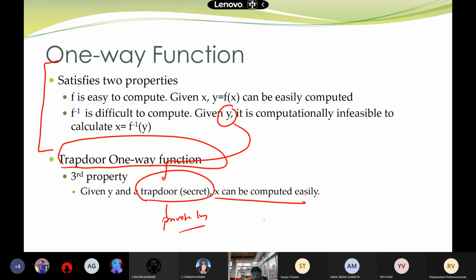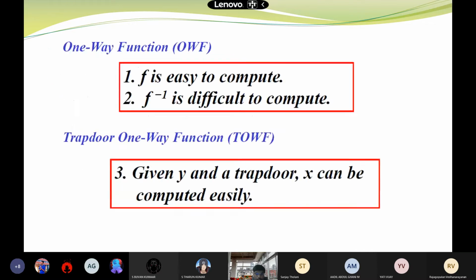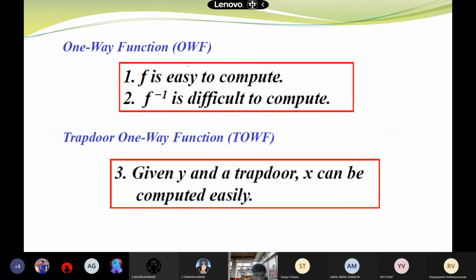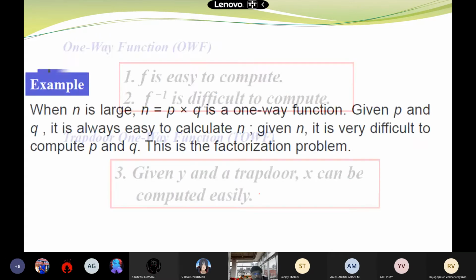Okay, so let's see how this trapdoor one-way function comes in. So this is a summary: a one-way function f is easy to compute, but f inverse is difficult to compute. The trapdoor is the third property: given y and a trapdoor, x can be computed easily. So let's now apply this to what RSA does, and I'm going to give you that example.